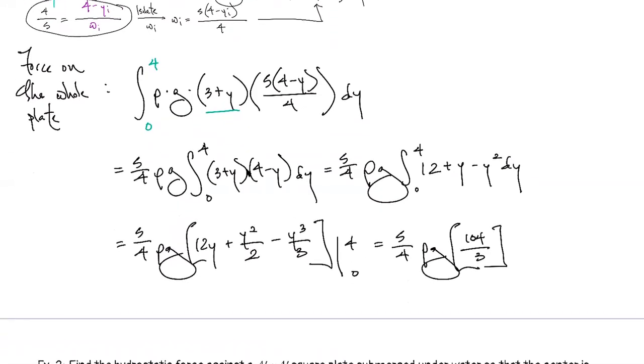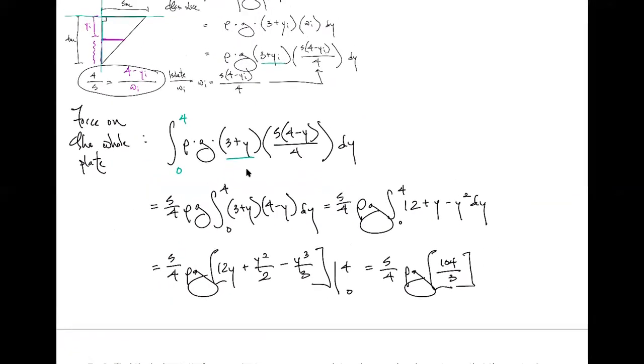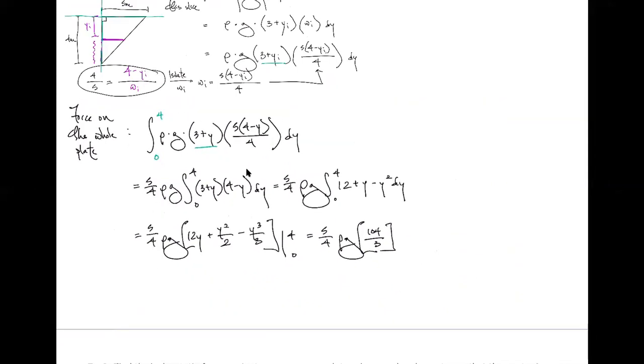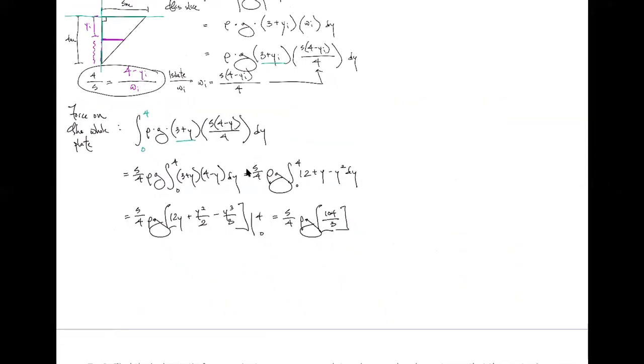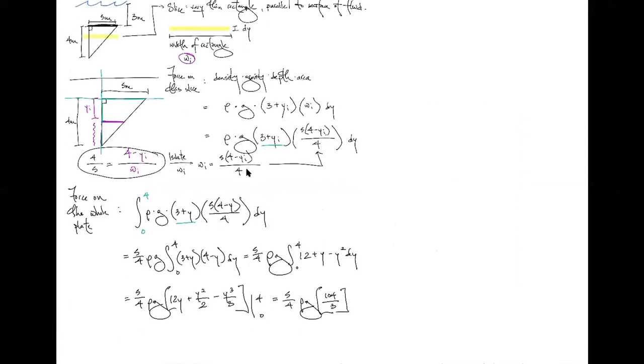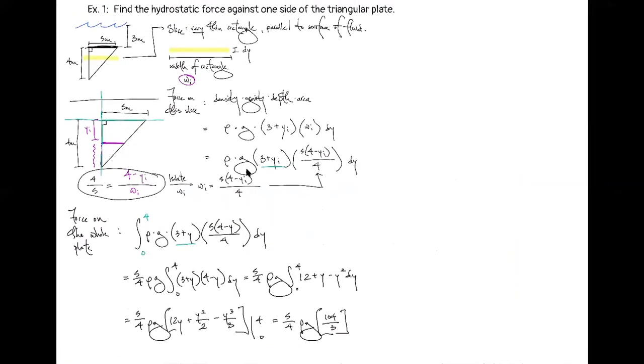Okay. Now, if we wanted to get a numerical answer for this, then we need to really consider the units that we're working in. So since everything is given in meters, we at the end want to make sure that we have the right density and the right gravity for the meters.